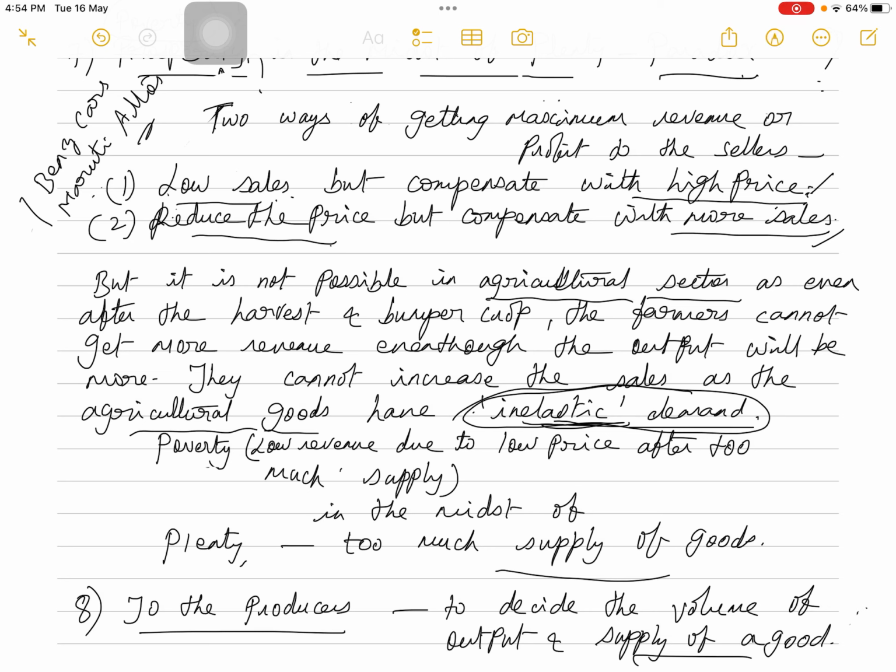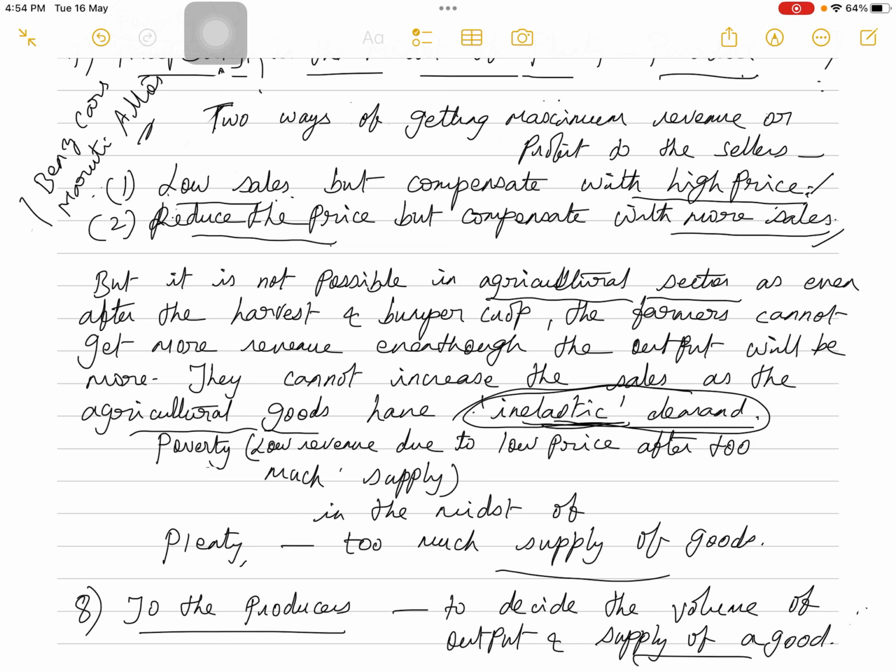What is happening here? Most of the time throughout the season, only during the harvesting season do they have output. All the other remaining seasons, because of the climatic conditions and all, the volume of output is very, very low. So during that period of time, they are not having any output, so they are not getting any revenue. But at least after the harvesting season, they have plenty of goods in the market, they can sell the commodity and increase the revenues, and that is also not possible for the farmer.